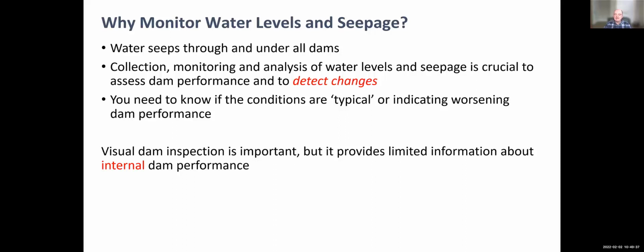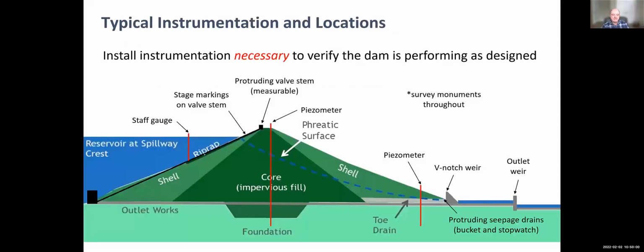You're more likely to catch them through changes in seepage, and maybe some dirty water coming out of your dam. So visual inspection is important, and really good for a bunch of other things, but we may need to monitor seepage and water levels to get an indication of how the dam is behaving internally.